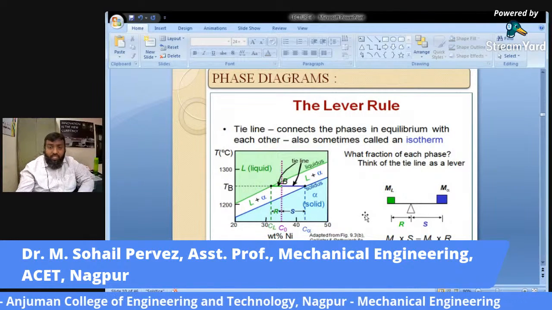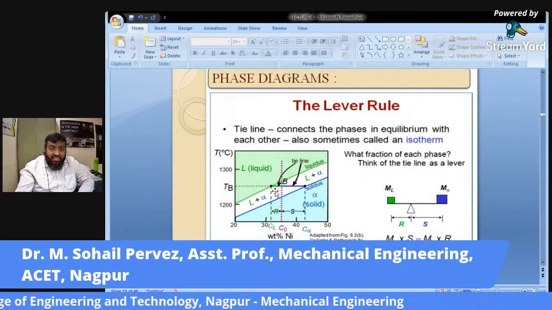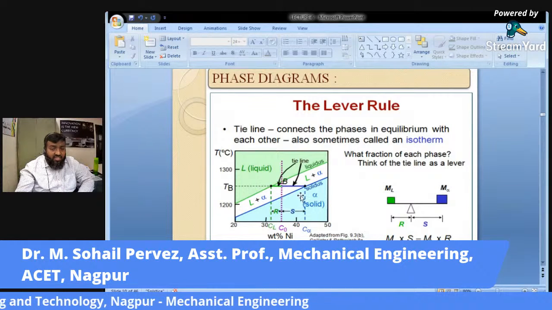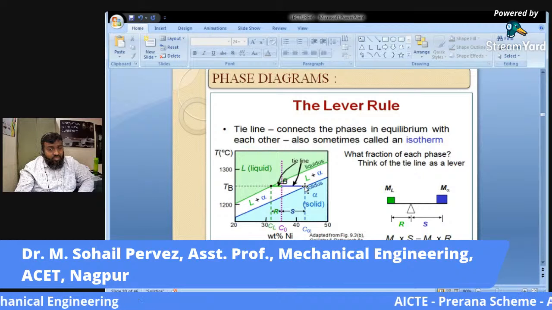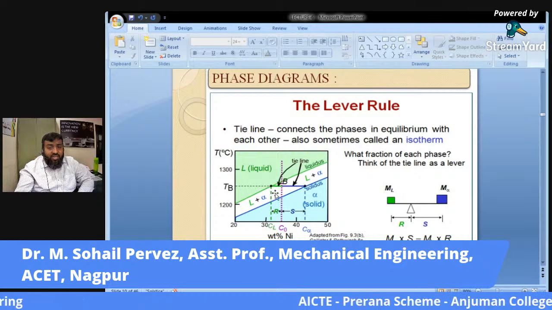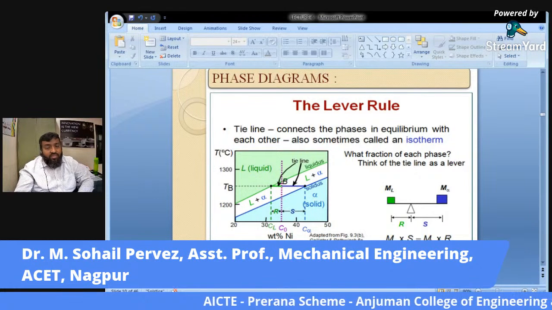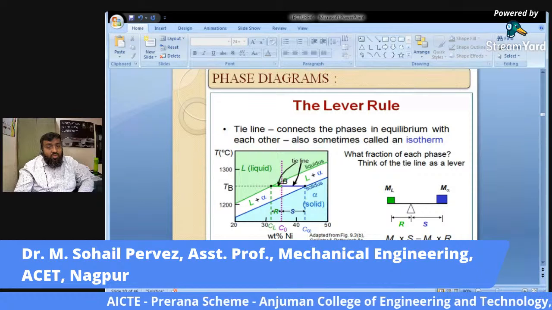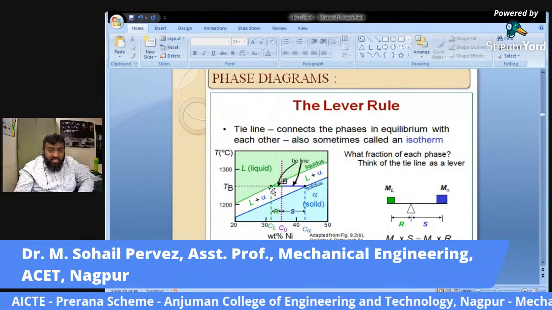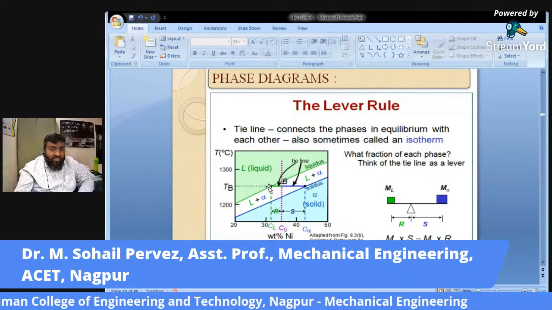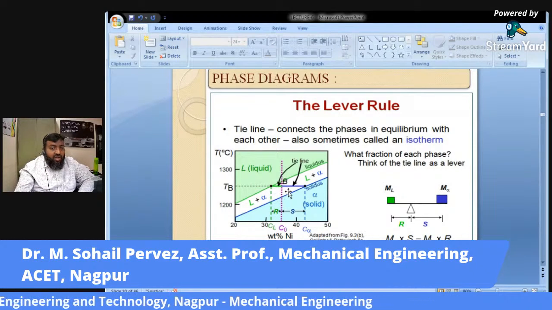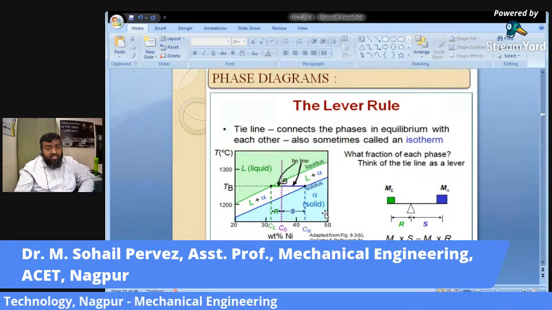Now, as I have told you, this tie line will cut both liquidus as well as solidus line. So below this is solid, above this is liquid. So we want to calculate the percentage composition in both the phases, because after this point it will be liquid, after this point this will be solid.